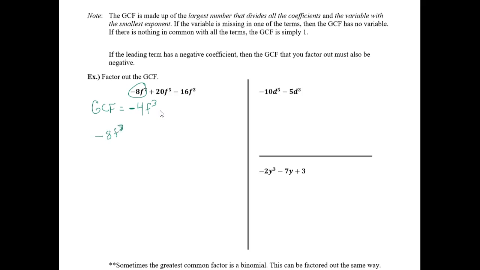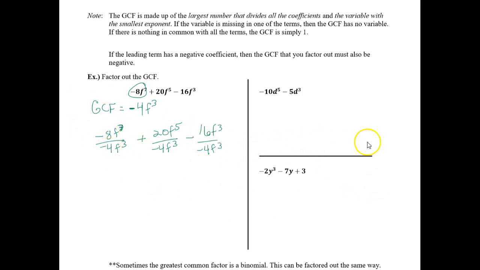Oops, that was a 7. And the middle term, dividing out the GCF, not forgetting that negative. Alright, I divide it out of each one, and I see what's left.